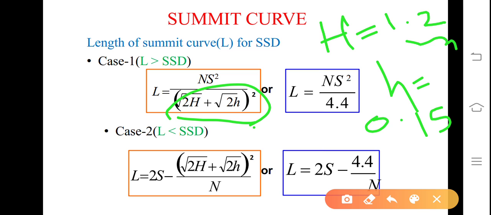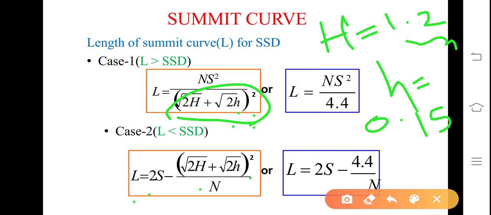Case 2, when L is less than SSD: L = 2S minus (root 2H plus root 2h) whole squared, divided by N, where N is the deviation angle, S is the stopping sight distance in meters, H is the height of the driver's eye above the pavement, and h is the height of any object above the carriageway or pavement.